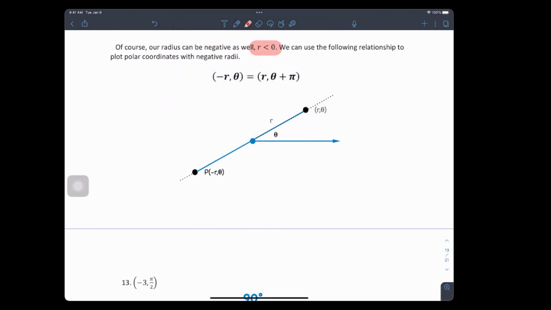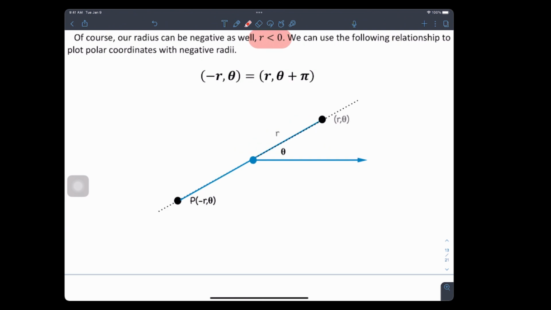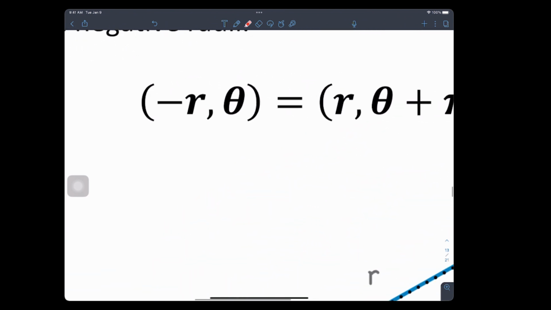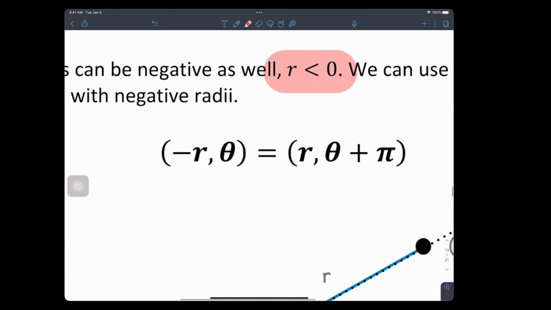That's r being less than 0. We can use the following relationship to plot polar coordinates with a negative radius here. So here's what this means. You're now going to see a negative radius value for any angle theta.